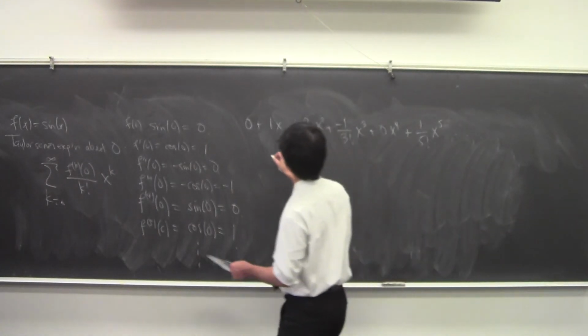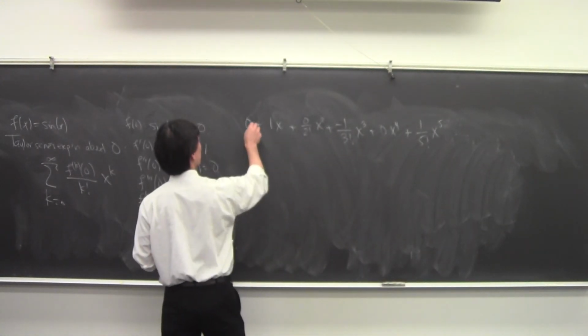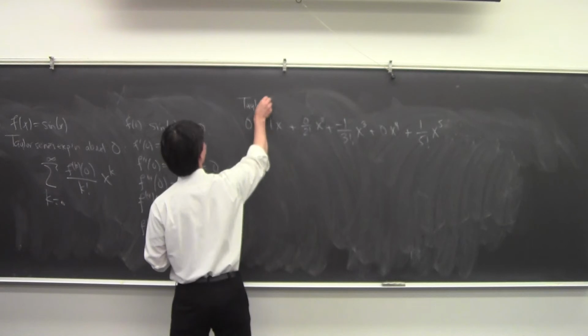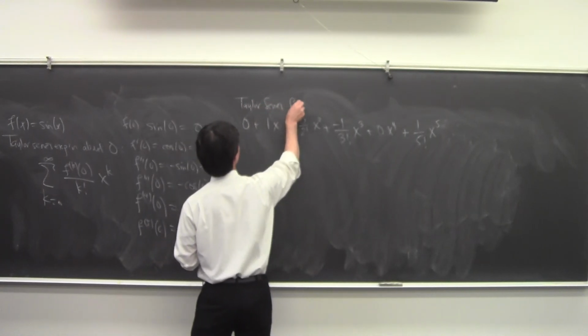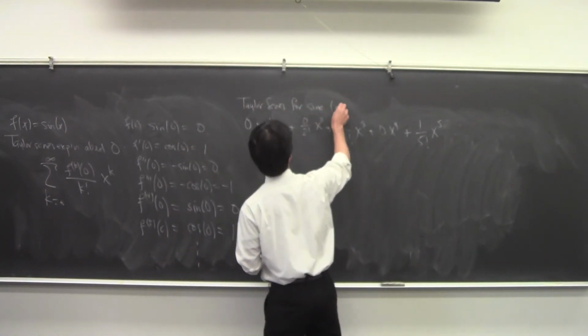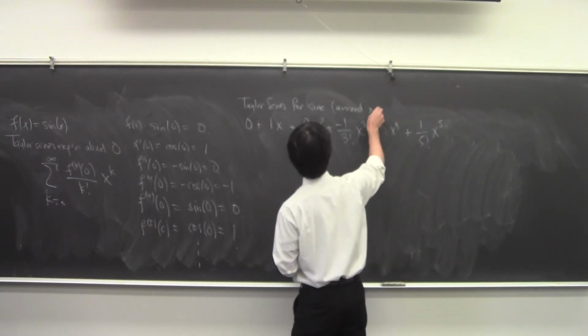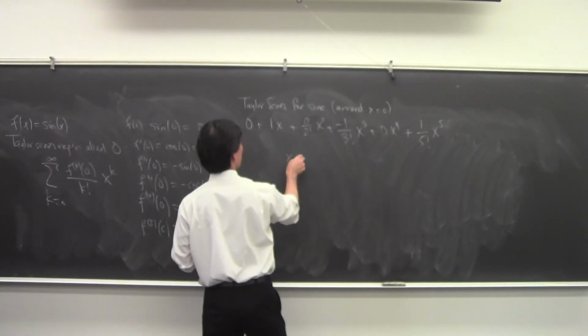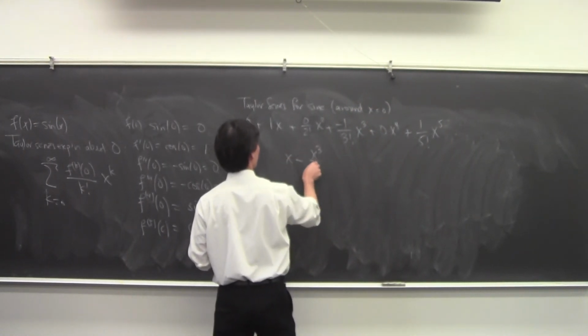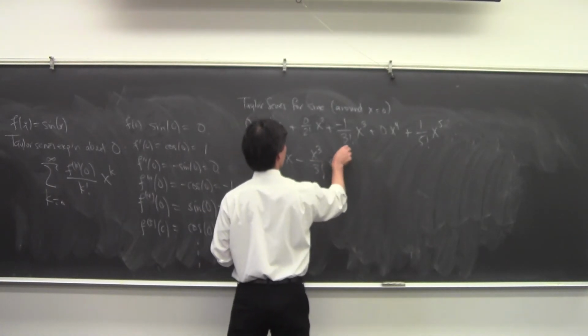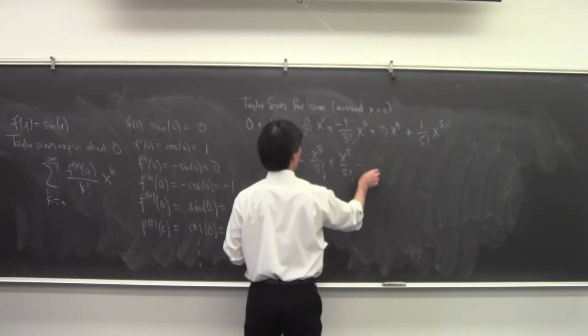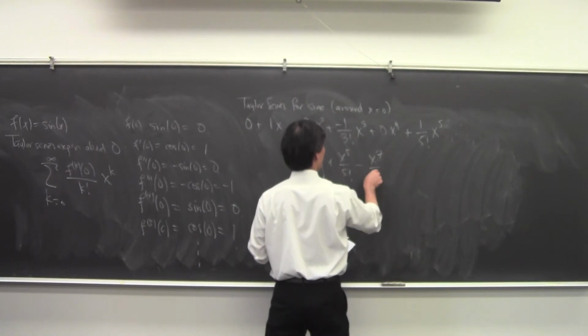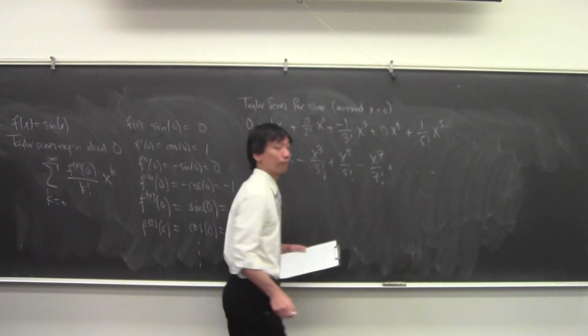In other words, the Taylor series for the sine around 0 is x minus x cubed over 3 factorial plus x to the 5th over 5 factorial minus x to the 7th over 7 factorial plus and so on.